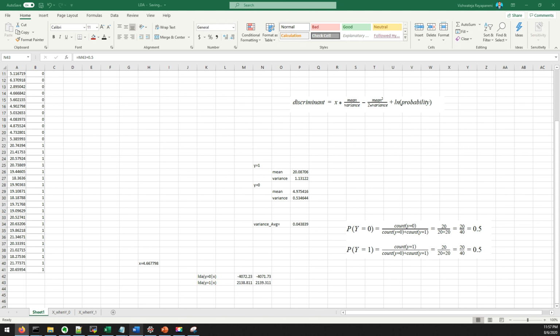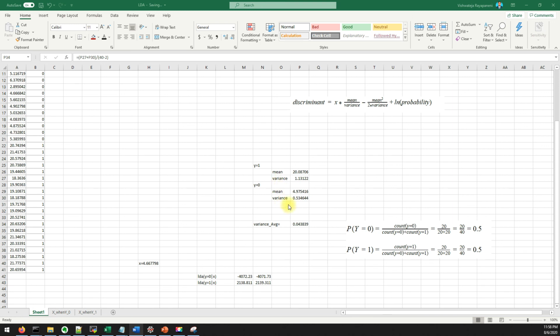I mean, the variance matrix will be all combinations of x and x1, right? So here what we did, I have only one variable, so for that variable, I find the variance when y equal to 1 and y equal to 0.